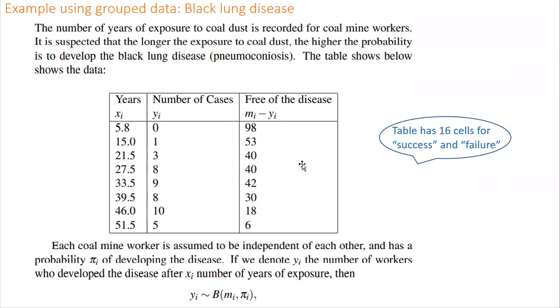All right, so an example here, guys, is for grouped data. What we see here is we have a table that has 16 cells for success and failure. In other words, this is 8, that is 8, so that's 16 cells. That is why I denote the number of workers who develop the disease after X number of years of exposure.